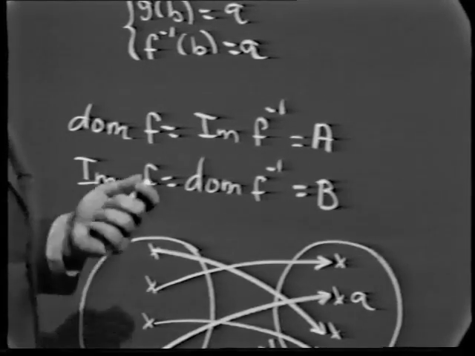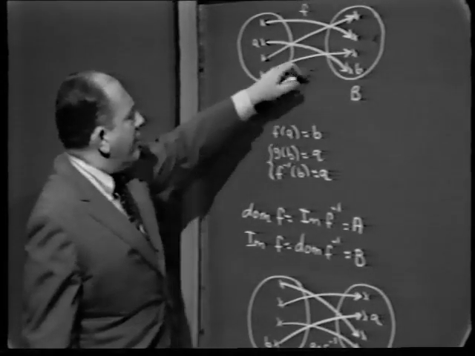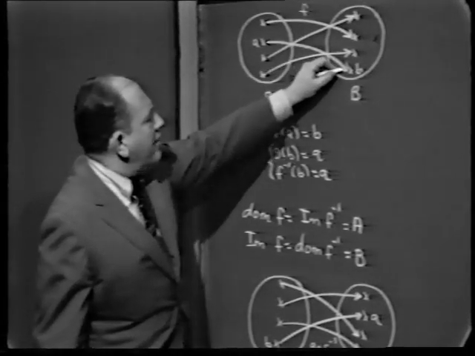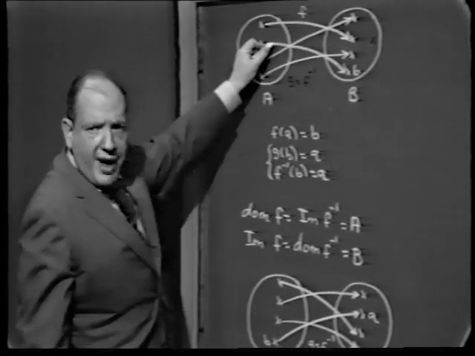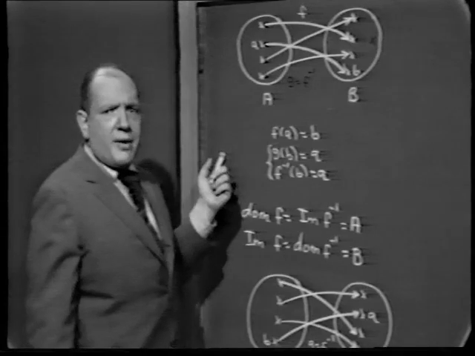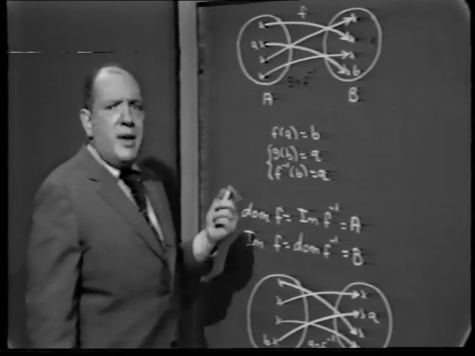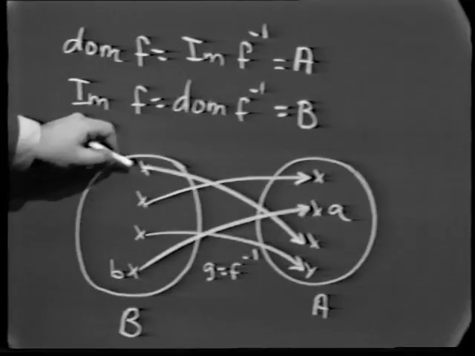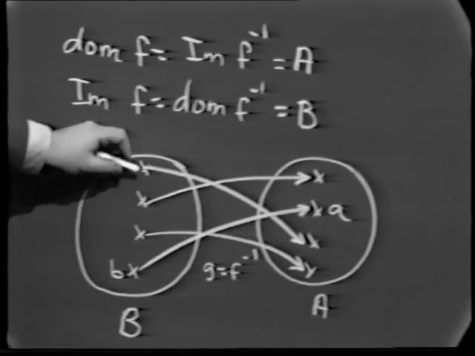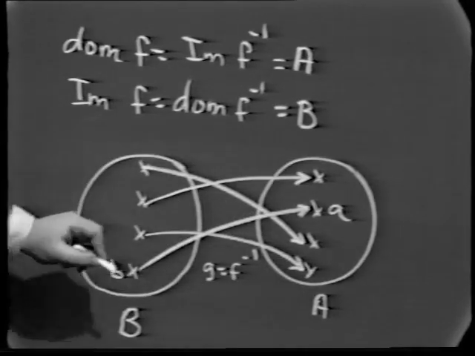And now, what the question is this. Notice that as long as you want to use the same diagram, all we have to do to express f inverse in terms of f is sort of to reverse the arrowheads. The question that comes up is, suppose you insist that the domain be listed first. In other words, when we're going to talk about g, or f inverse in this case, that's a function from B to A, so why don't we list B first?